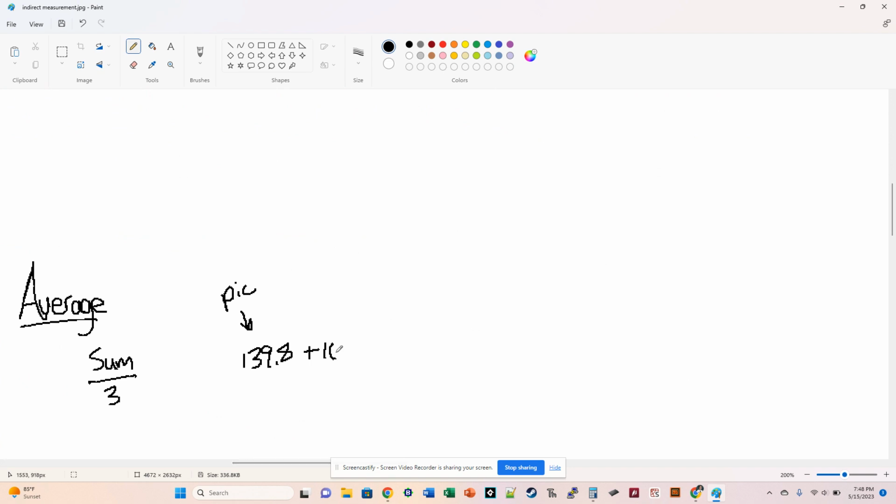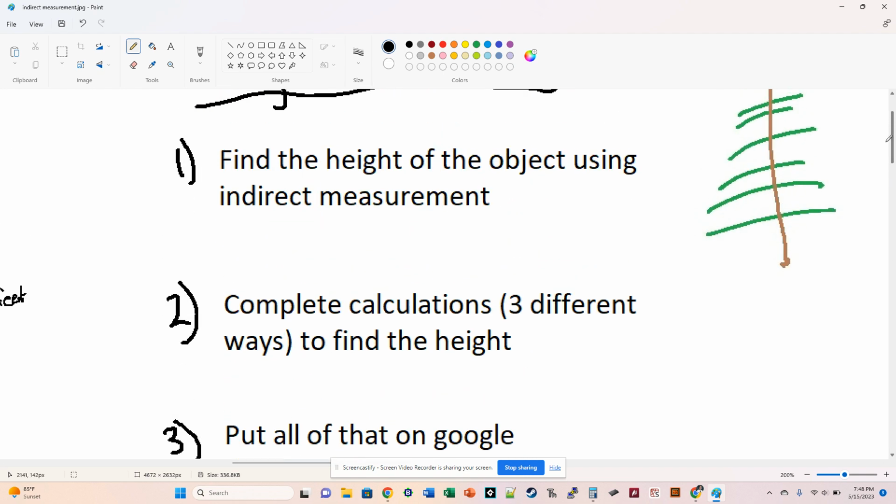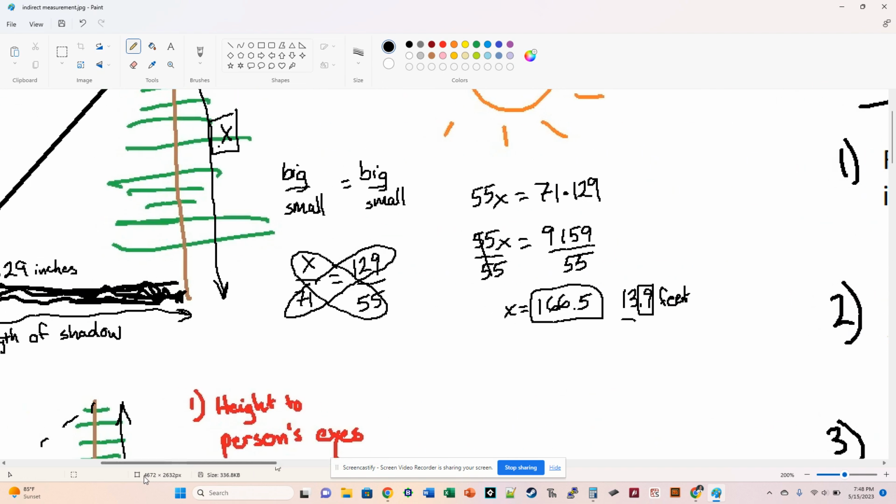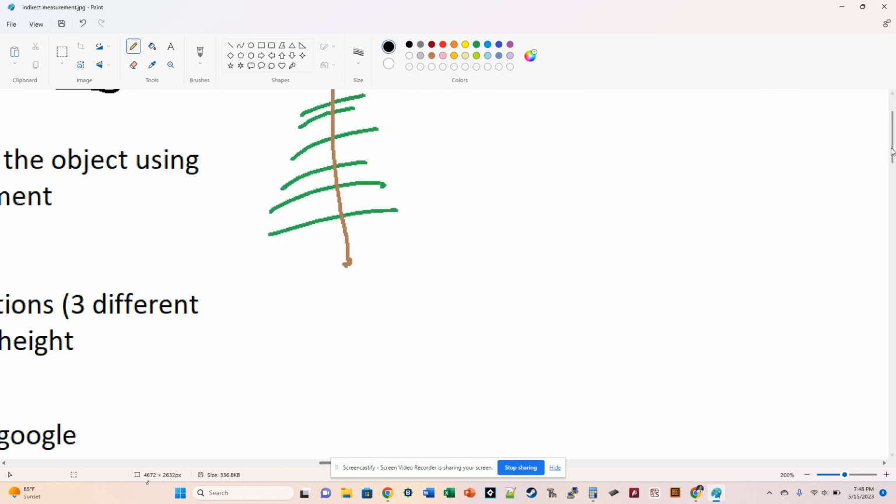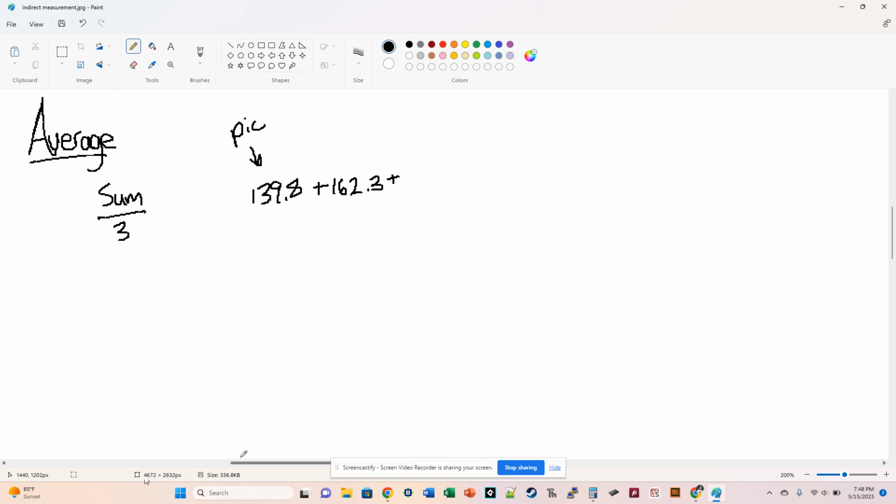162.3, and I'll add that to the last one, the shadow method, 166.5. Then I'm going to take that sum and I'll divide it by 3.